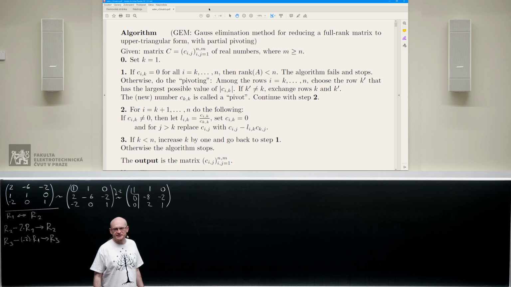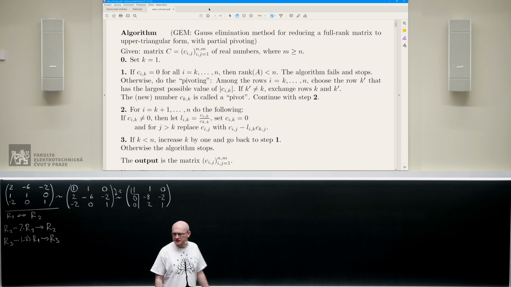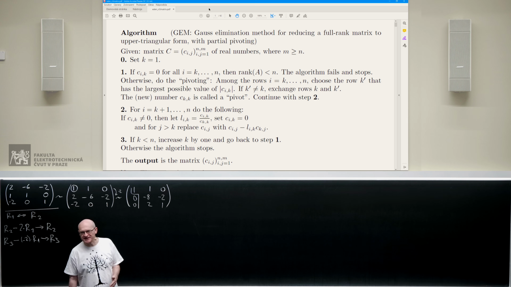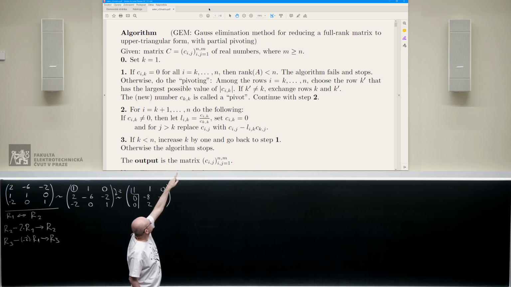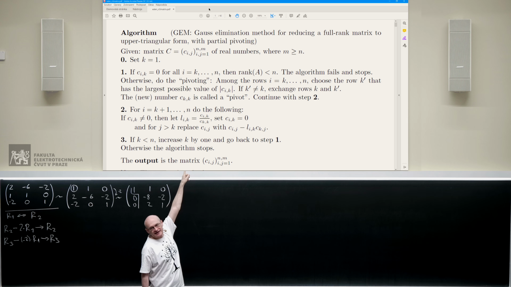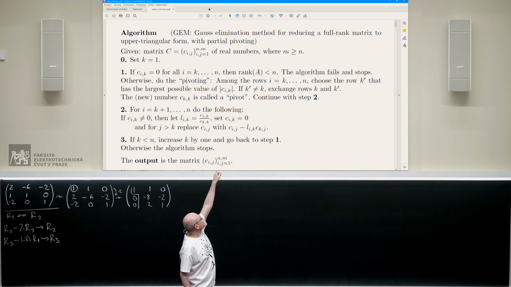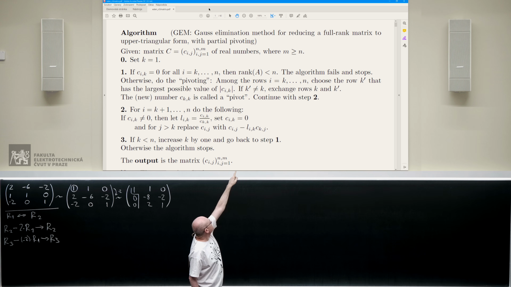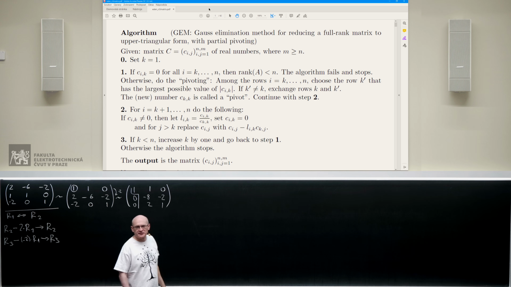On this slide, I put some sort of an algorithm for the numerical version of elimination. I call it GEM, which is fairly standard, but not completely standard. And let's not worry about it very much yet as a whole. Right now, we are interested in step number 2, which means that we replace a certain element in the matrix by the element minus something from the pivot row, some multiple of the pivot row.